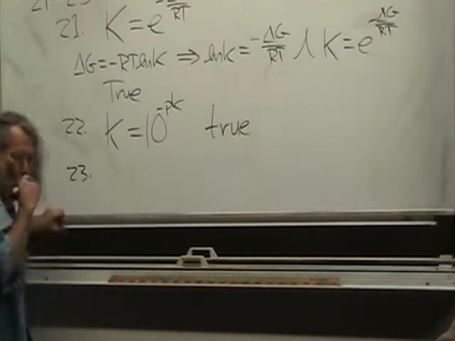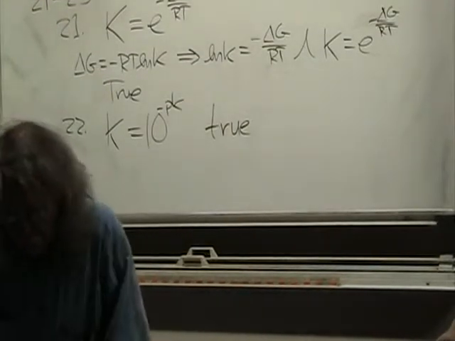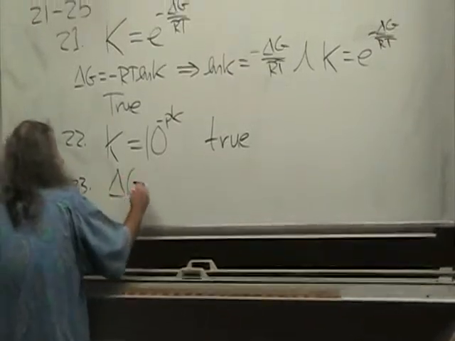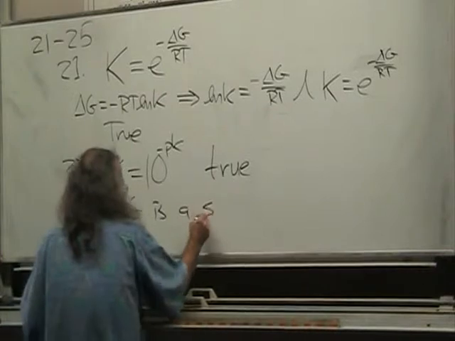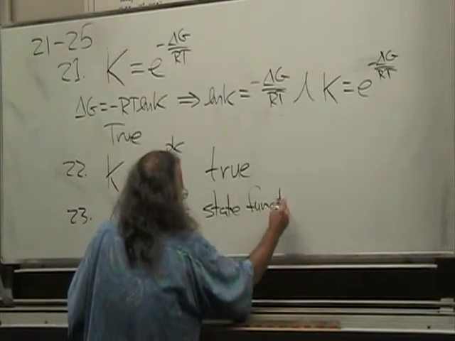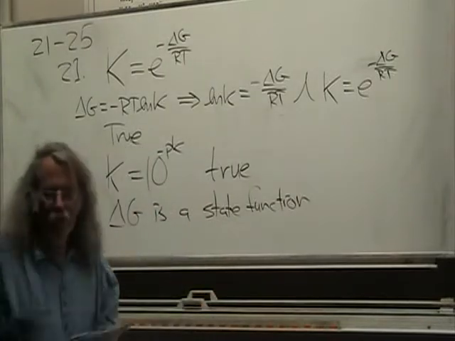23 is delta G is a state function, which it is.